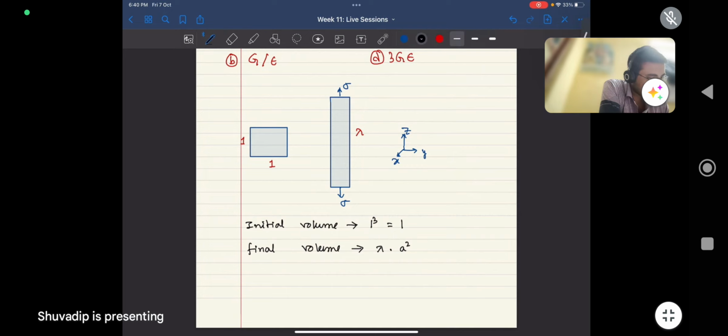So the volume should be 1, so a is 1 by root lambda.